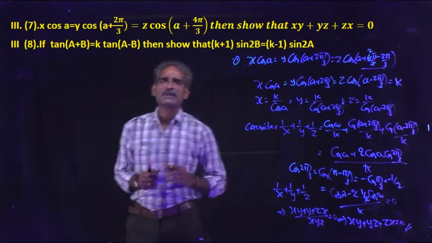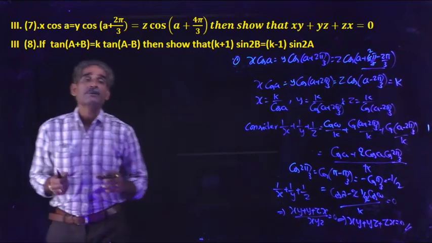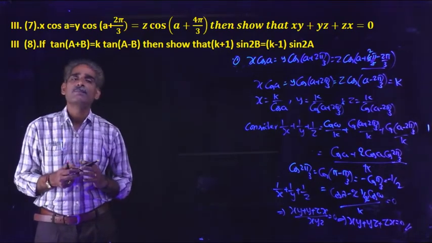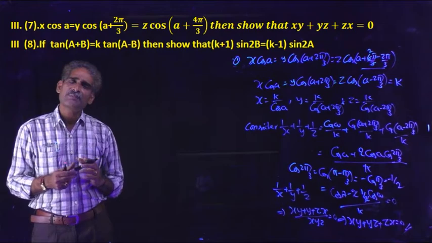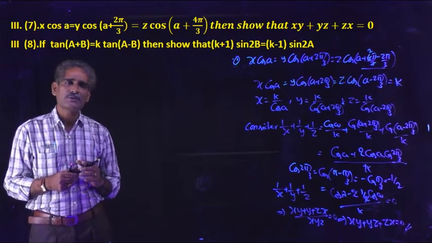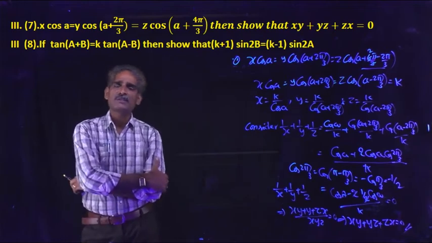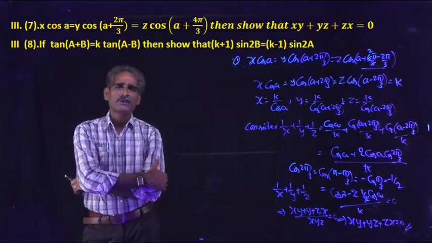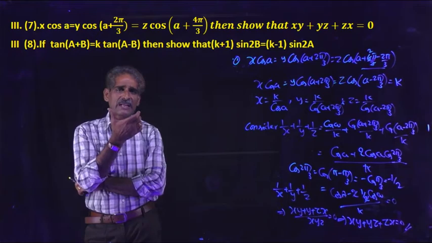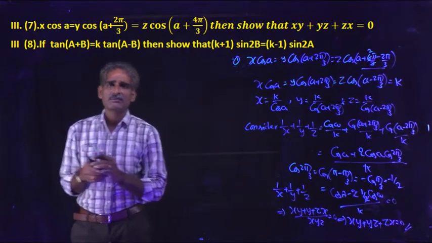Next, observe the second problem. What is the second problem? If tan(a+b) equals k into tan(a-b), show that (k+1) sin 2b is equal to (k-1) sin 2a. So observe the relation between the angles.